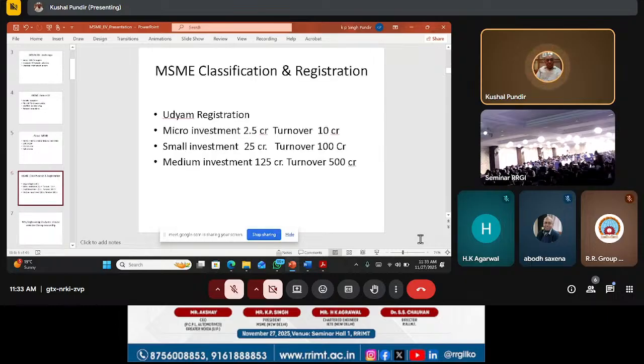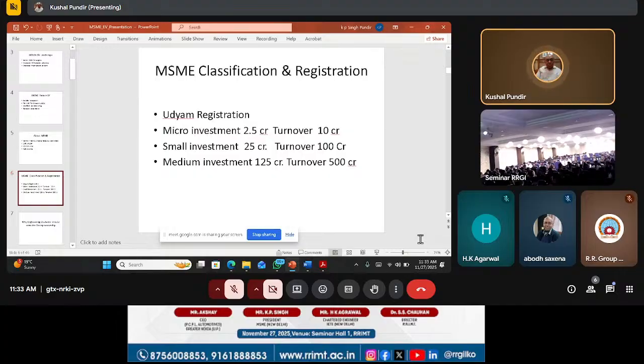How to start with the MSME and what does MSME really stand for? What are the classifications? Perhaps many of you might know it, but just for the sake of understanding, the MSME starts with the registration of Udyam Aadhaar. We call it Udyam registration now; earlier we used to call it Udyam Aadhaar.